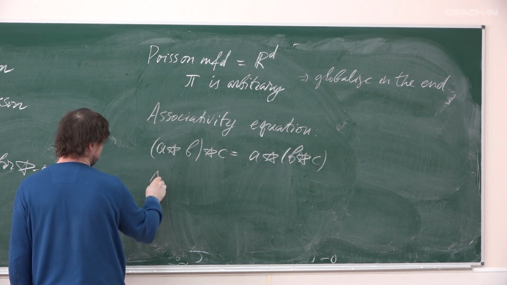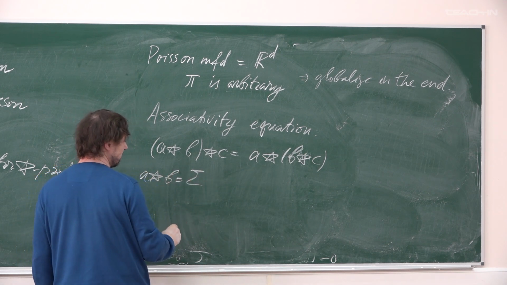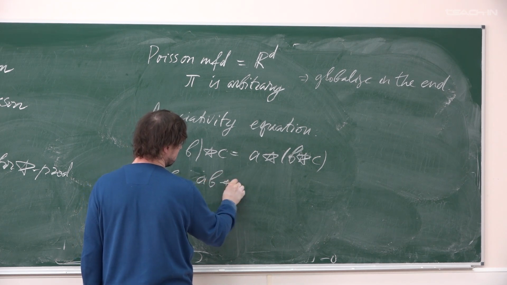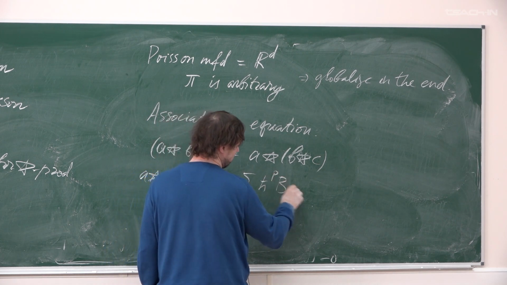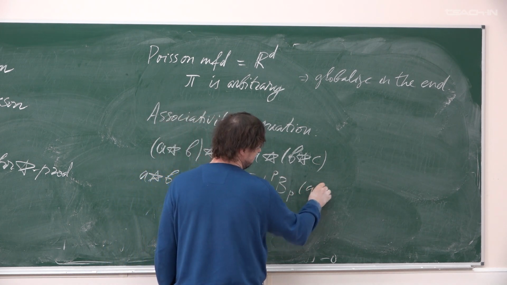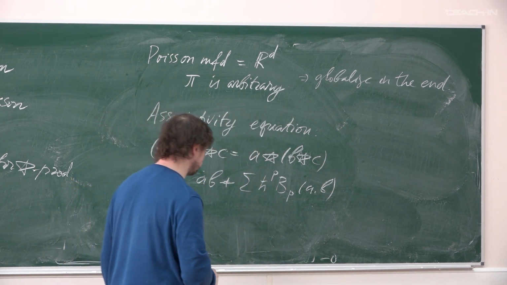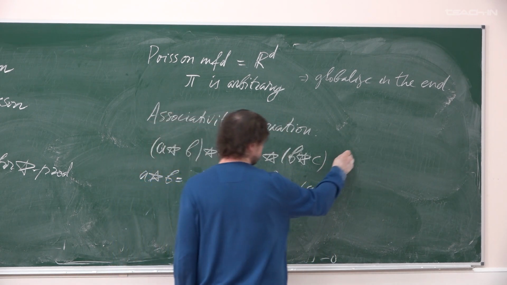And if the star product of A and B is equal to the formal power series of bidifferential operators B_P of A and B, then I have the following equation equivalent to this one.